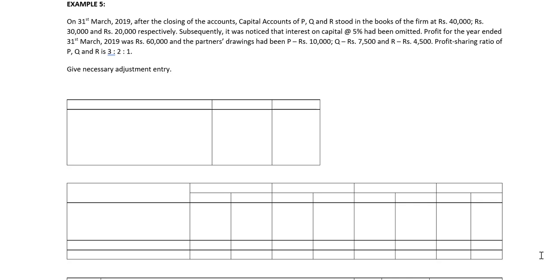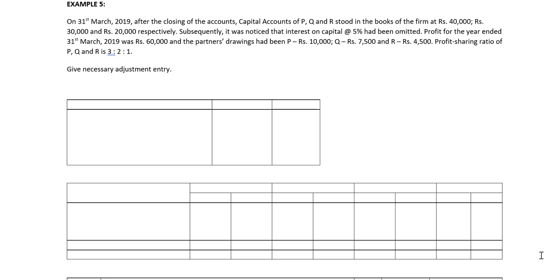Profit for the year ended 31st March 2019 was rupees 60,000 and the partners' drawings had been for P rupees 10,000, for Q rupees 7,500 and for R rupees 4,500. The profit sharing ratio of P, Q and R is 3:2:1. Give necessary adjustment entry.